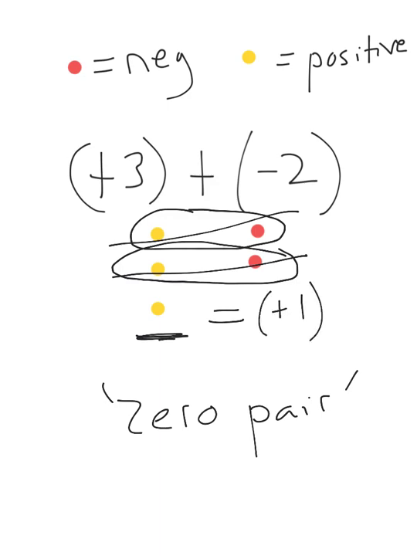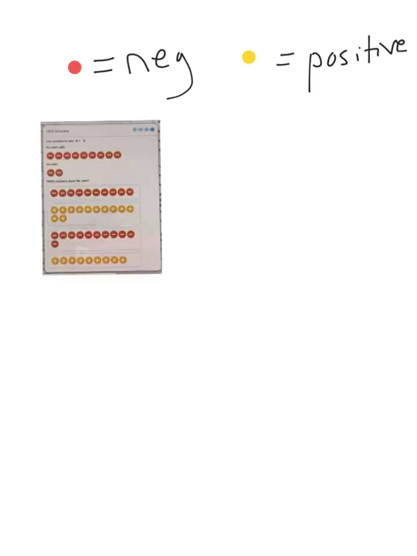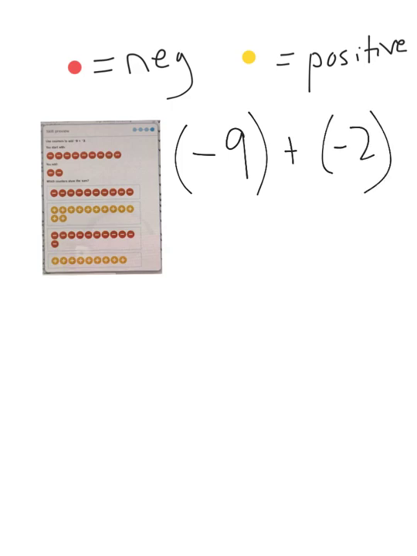If you want to think about it in terms of money, you have $3, then you've added a debt of negative 2. If you imagine paying off that debt, you are left with $1 positive. Another addition question we see here is negative 9 plus negative 2.